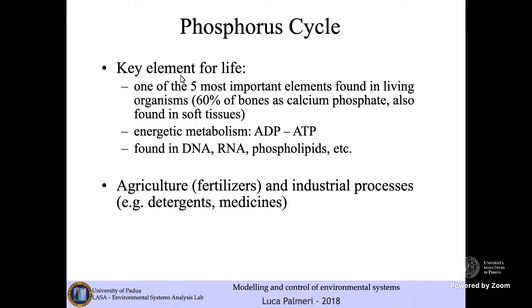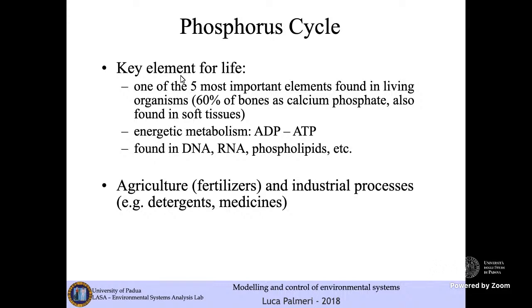It's one of the five most important elements found in living organisms. For example, 60% of bones are found in the form of calcium phosphate, but it also is found in soft tissues.